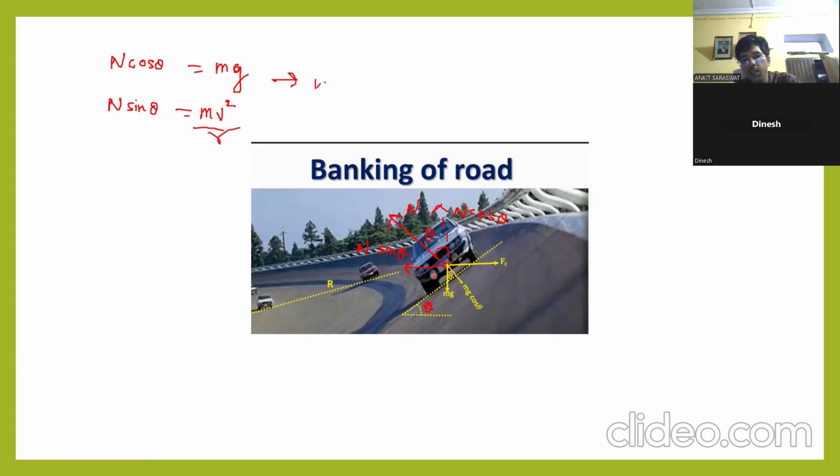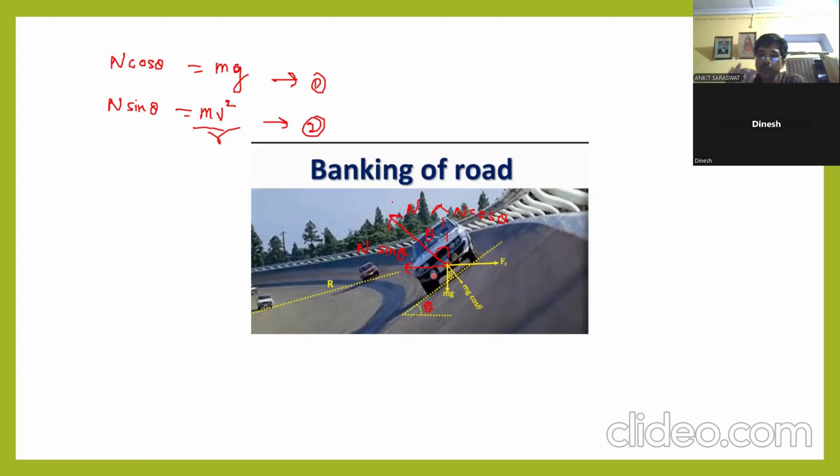Equation 1, equation 2. Clear? Because it is moving in a circular track, a circle has some radius. One is the centrifugal force, and one component of the normal will be N sin theta, that is along the center.